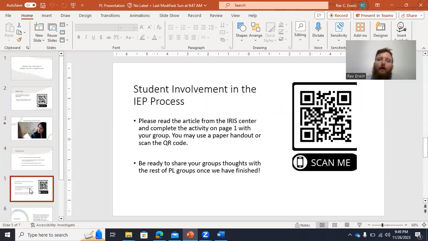The next part, I'll have a QR code for this. It's the Iris module page with activity questions on the page. Some teachers don't want to scan QR codes all the time, so I'll have printouts available.